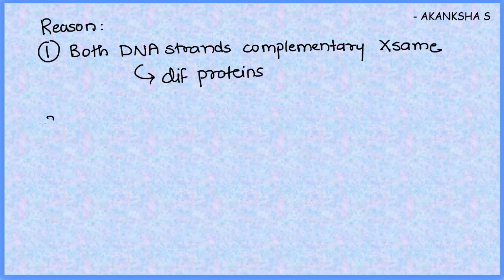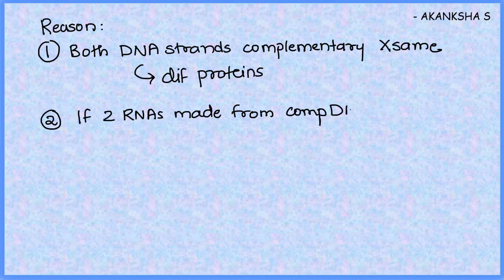Second reason why: if two RNAs are made from two complementary DNA strands, what would happen? These two RNAs, because they are made from complementary strands, would end up being complementary to each other and will form double-stranded RNA.